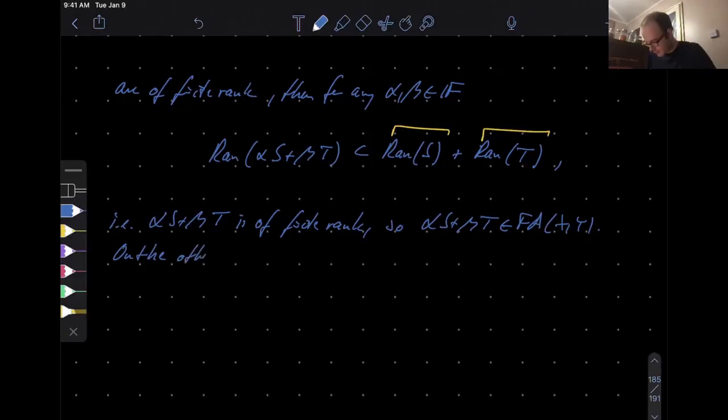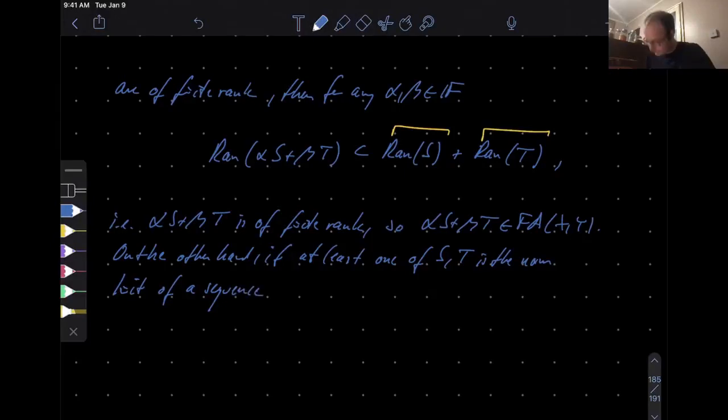On the other hand, if at least one of s, t is the norm limit of a sequence of finite rank linear transformations, then you just add two sequences, right?